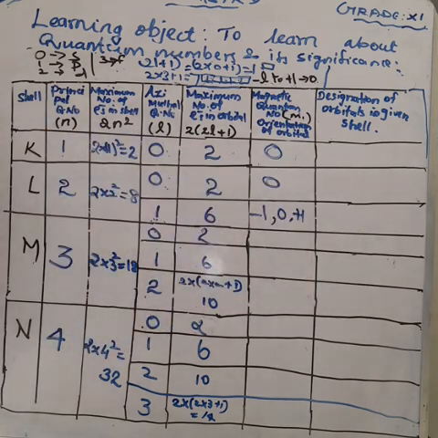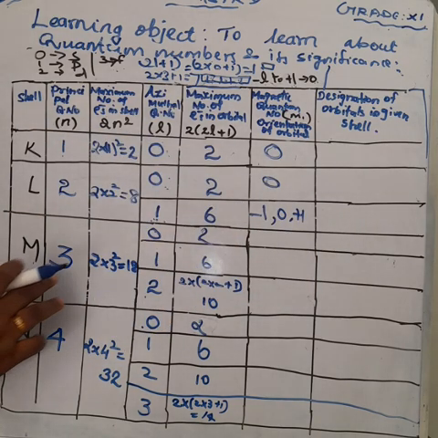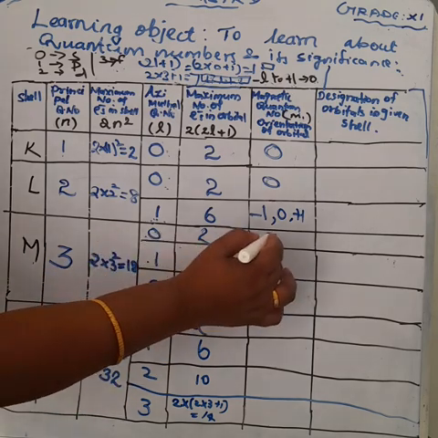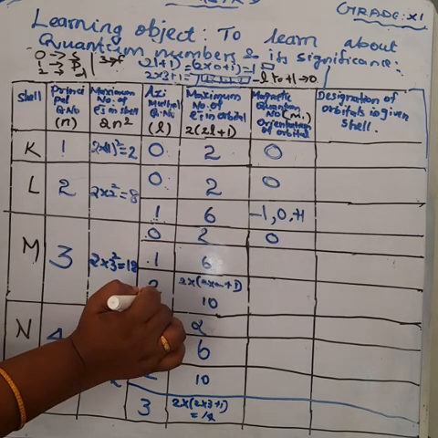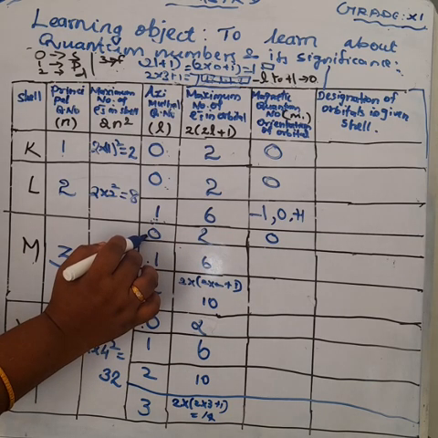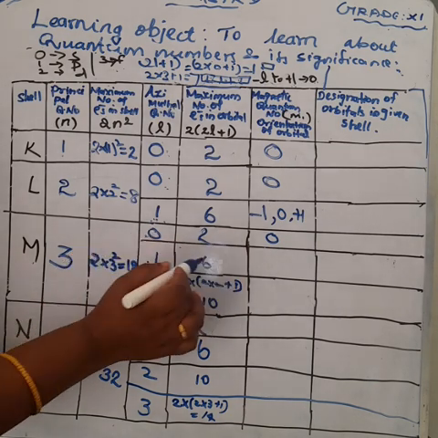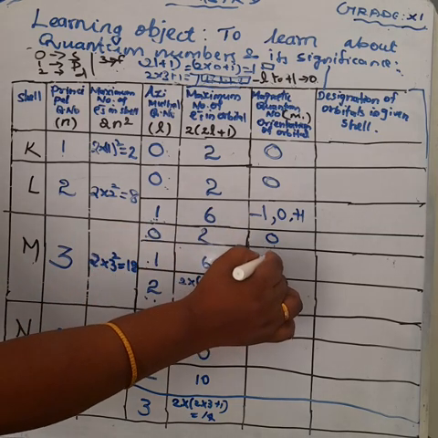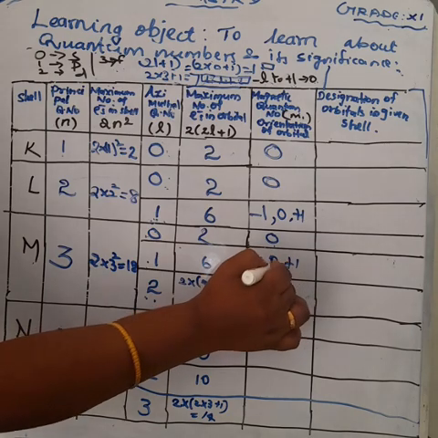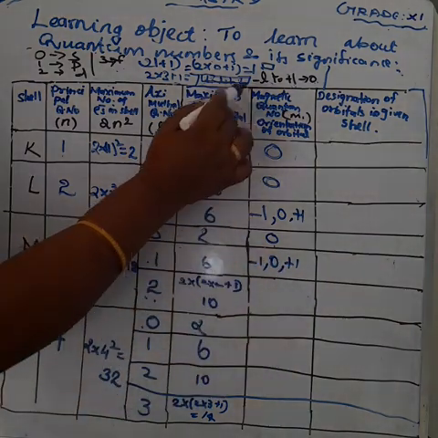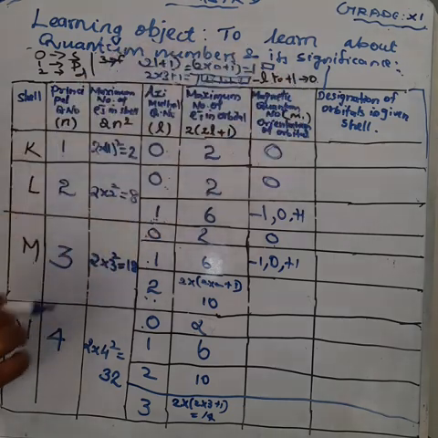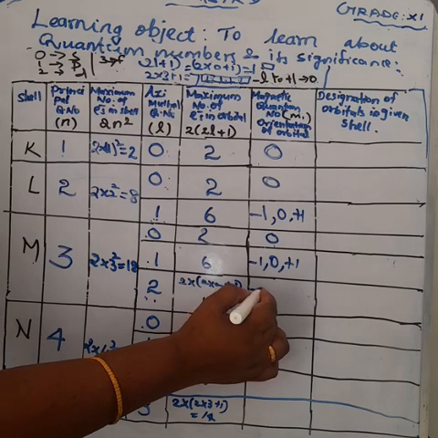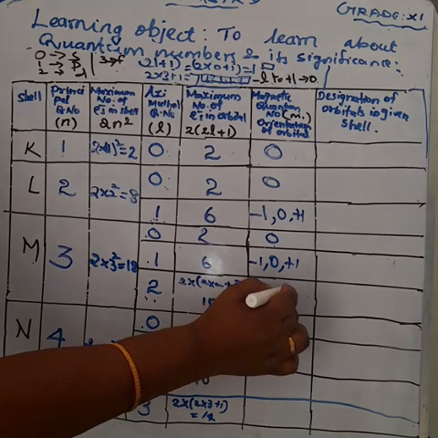In the M shell there are 3 subshells, 0, 1, 2: 0 means s orbital, 1 means p orbital, 2 means d orbital. The orientation of s is 0, p is minus 1, 0, plus 1, and for d, with l value 2, we write minus 2, minus 1, 0, plus 1, plus 2.